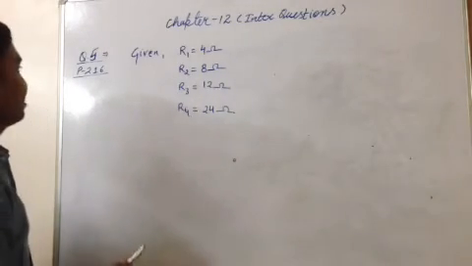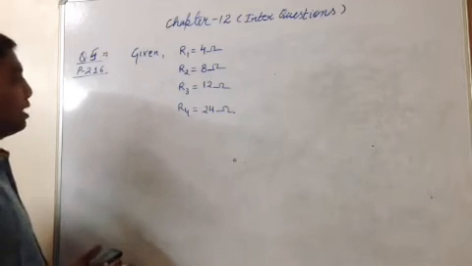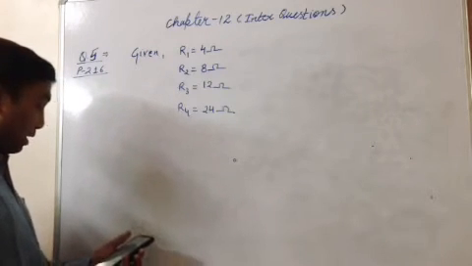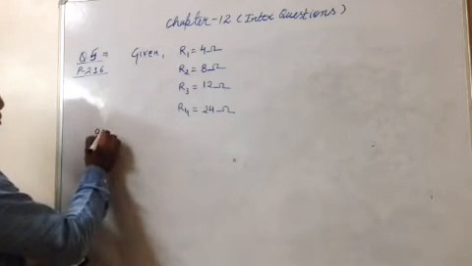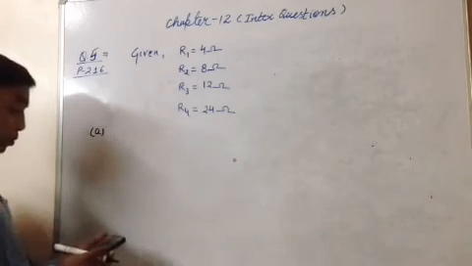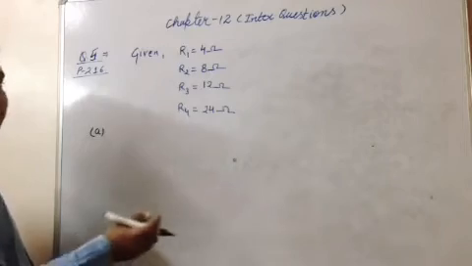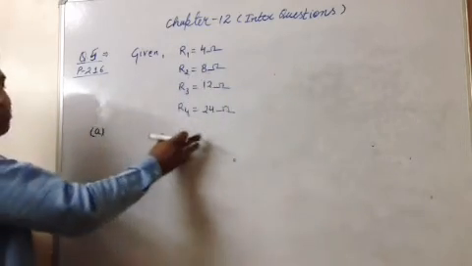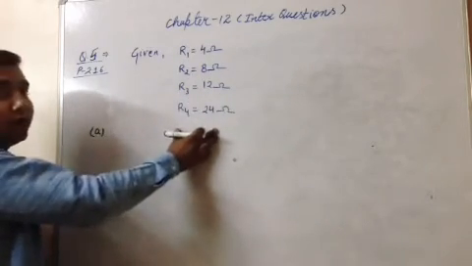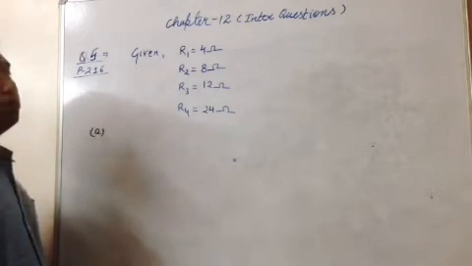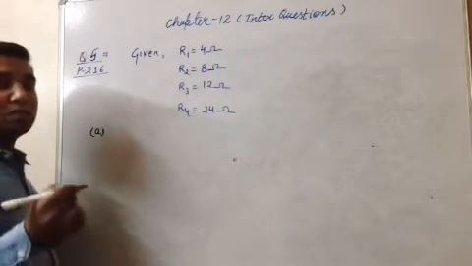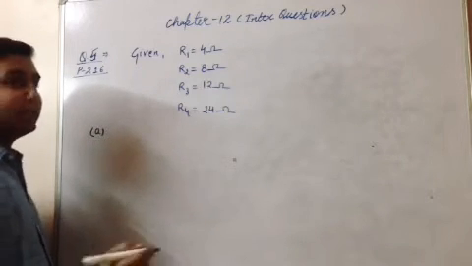So now these four coils of different resistances are provided to us. Now what is asked in the A part and B part? In the A part, what is asked is the highest value of the resistance, meaning using these four resistors, you have to find the maximum resistance that can be obtained. We already know that maximum resistance is obtained when we connect the resistances in series.